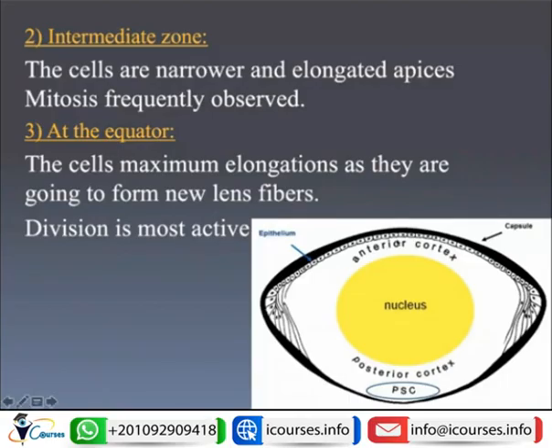So the equatorial epithelium will divide later on to form the lens fibers that will be compressed further and further to form the nucleus and the cortex.